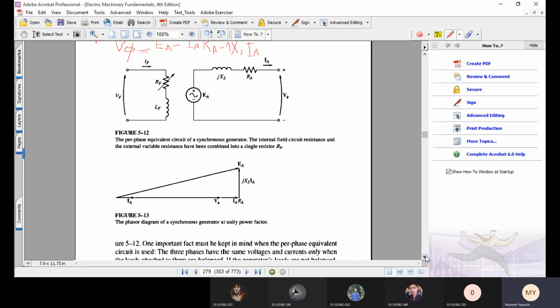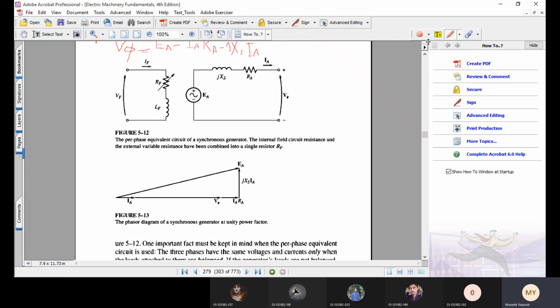If the load is resistive, then the output voltage must be in phase with the load current. So that is the case here: the output phase voltage V phi is in phase with the load current IA.